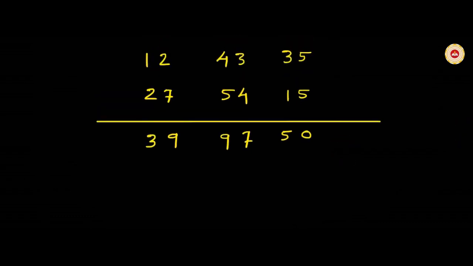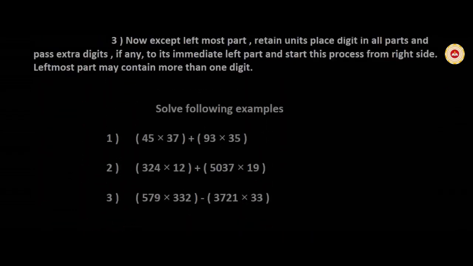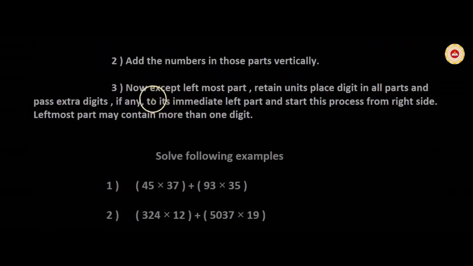Now friends, third and important point, third step. Now accept leftmost digit, retain units place digit in all parts and pass extra digits, if any, to its immediate left part and start this process from right side. Leftmost part may contain more than one digit.